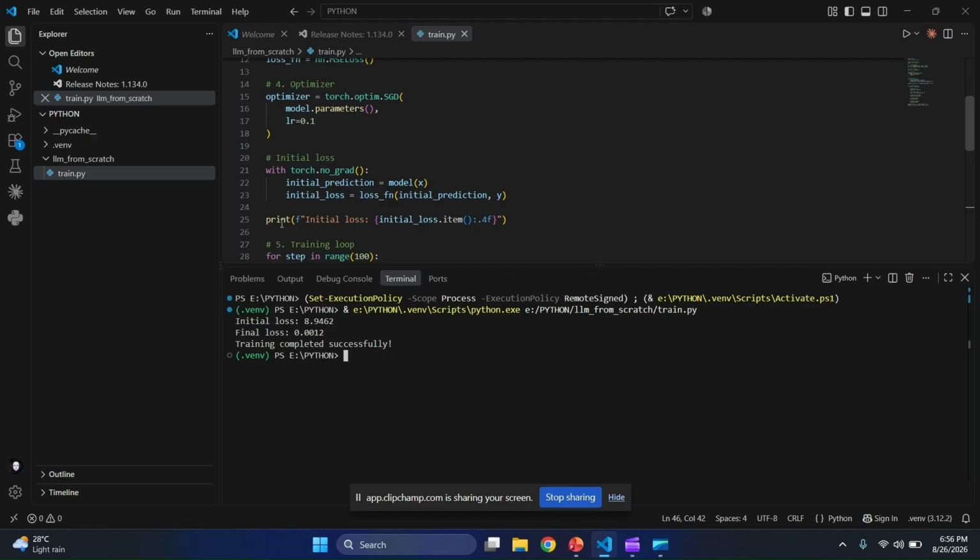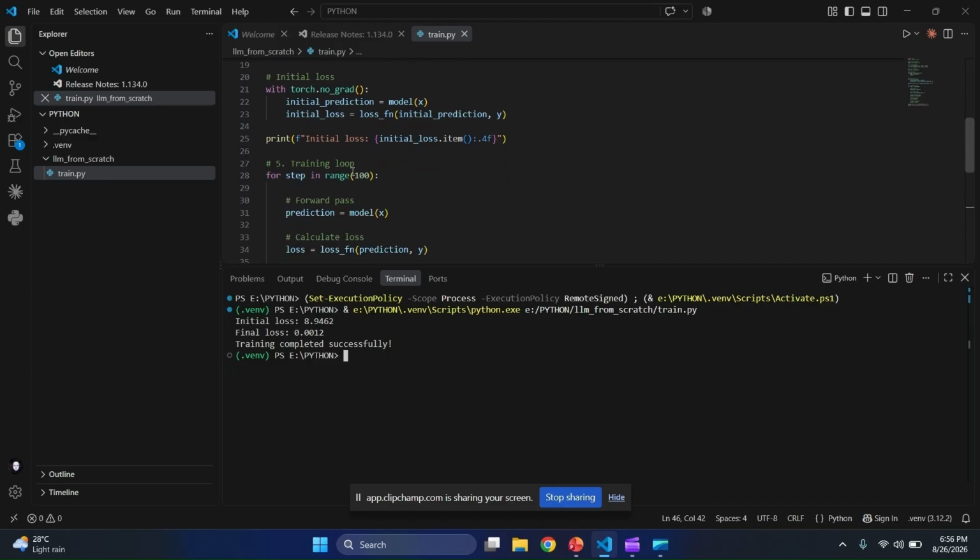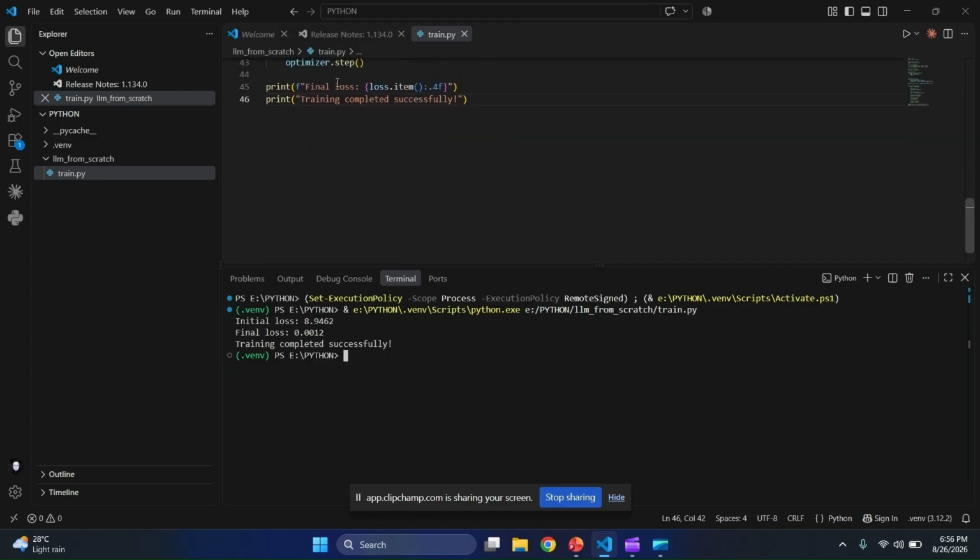The initial loss was higher; here you can see 8.9 something. And after training, the loss became much smaller; here you can see 0.0012 or something. This is the final loss. So the model actually learned from the data.